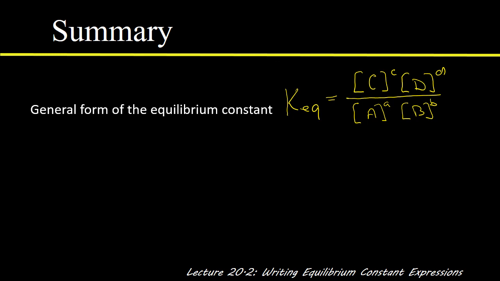And technically, this is only true at equilibrium, so this should be equilibrium concentrations. But a lot of people leave those off, and I won't penalize you if you leave that off. If you put it in there, it'll make me smile, but I won't penalize you if you leave it off.